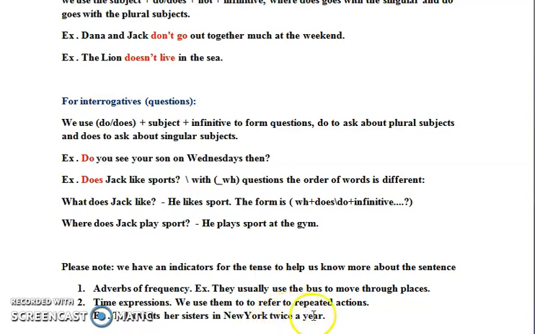So, twice a year is the indicator in this sentence to know that this is a present simple tense. We have visits here and it's a present simple, but the indicator here is twice a year, which we call a time expression. It refers to a specific time, and it refers also to a repeated action. Okay, so let's summarize this.